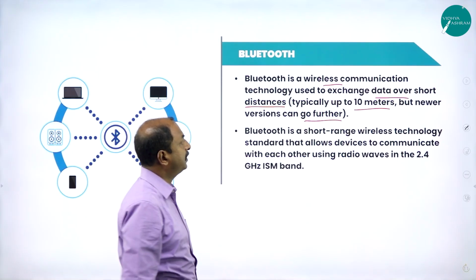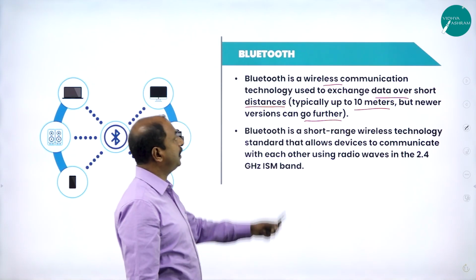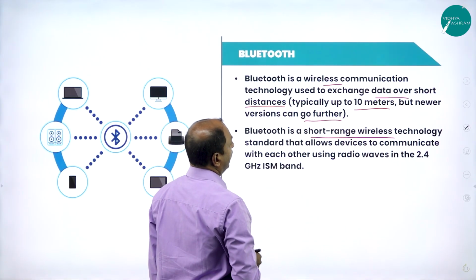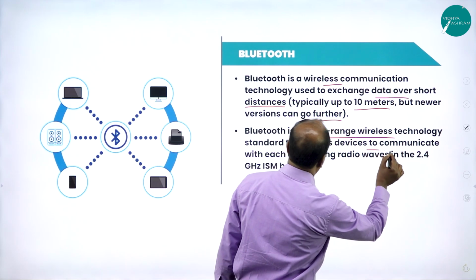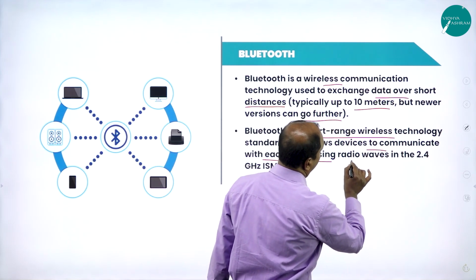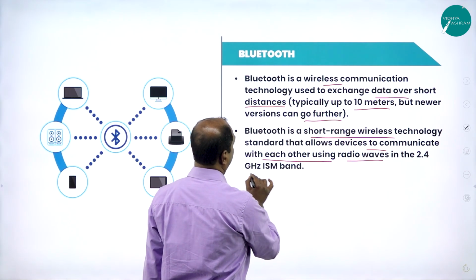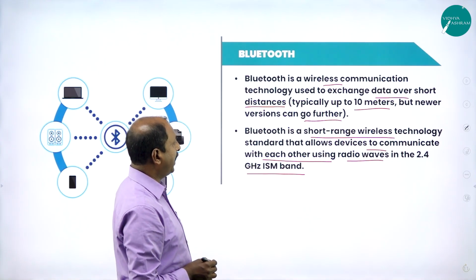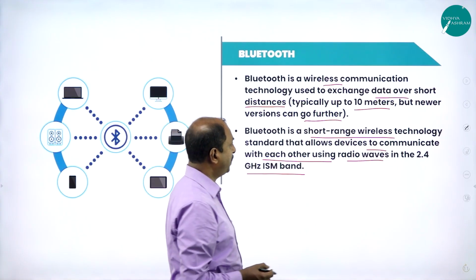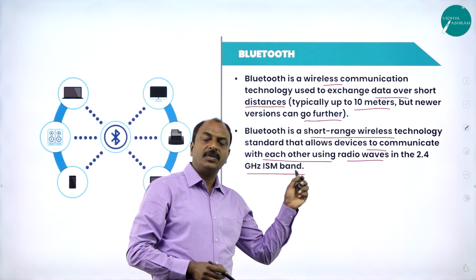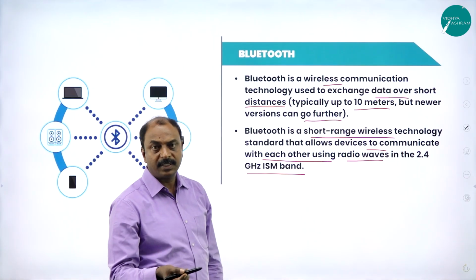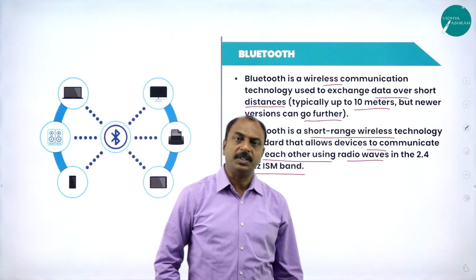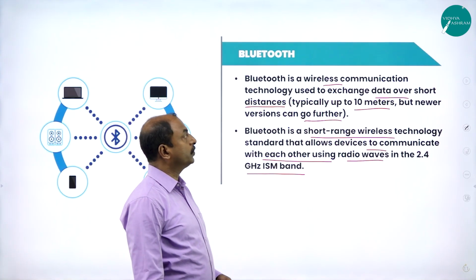There might be improvement in terms of distance between two devices. It is a short range wireless technology standard that allows devices to communicate with each other using radio waves in the 2.4 gigahertz band. Many devices can be connected, and here all the devices can communicate with each other with the help of Bluetooth technology.